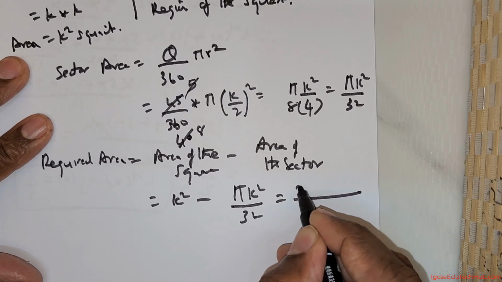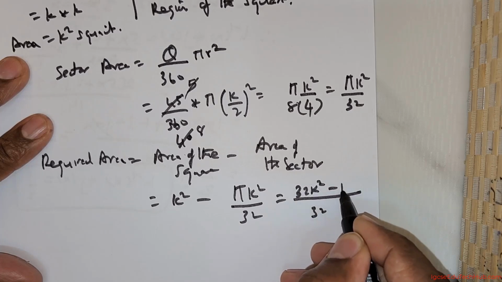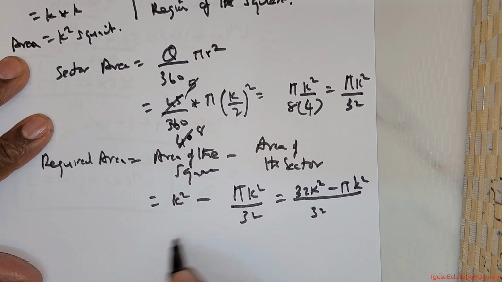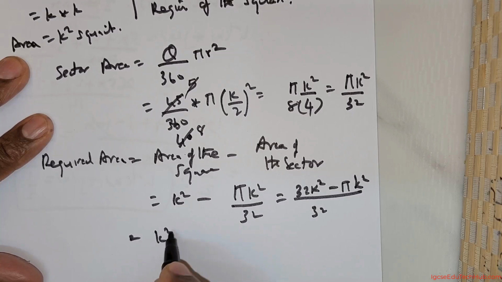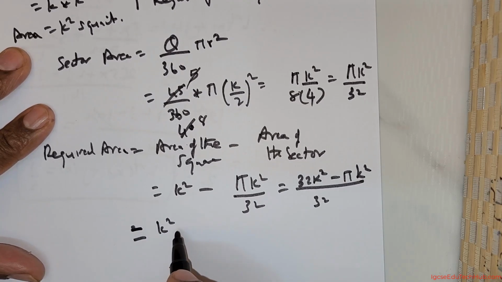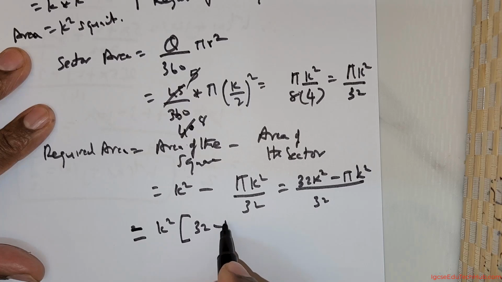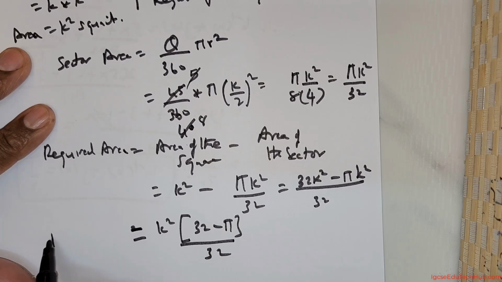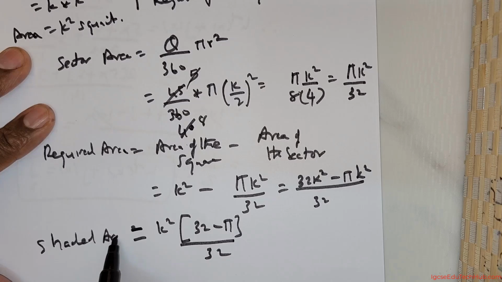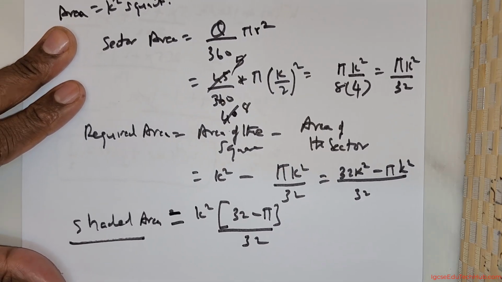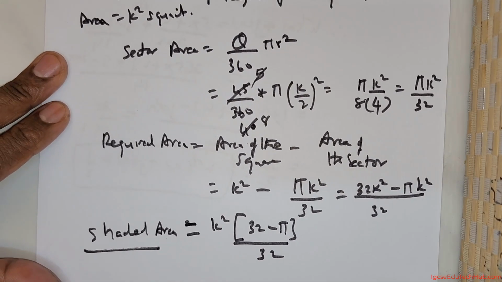So you take the LCM as 32, this is going to be 32 K squared minus pi times K squared. So you can take K squared out, and you get K squared times 32 minus pi, divided by 32. So this is the shaded area, right?